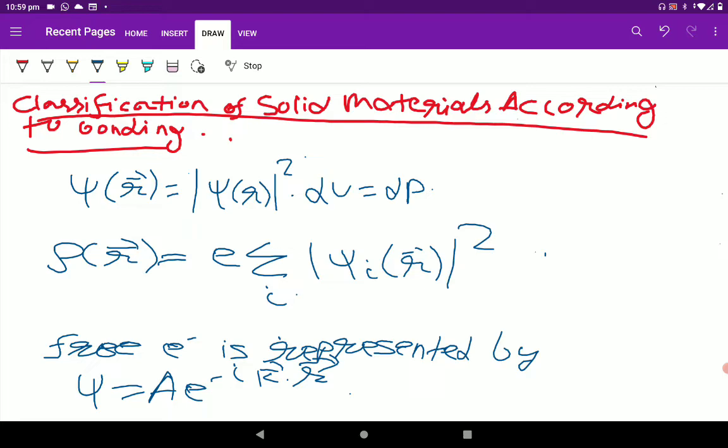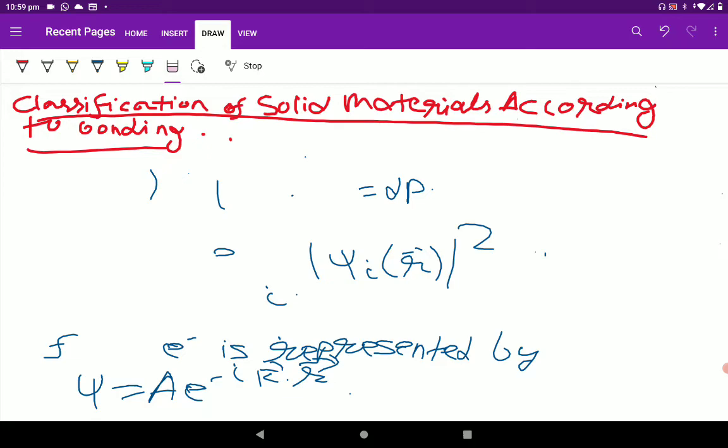Now in terms of bonding, we can get crystals of the following types. First one is metal, then ionic crystal, then covalent solids, then intermediate ones, then noble gas crystal, and molecular crystal, for example graphite.